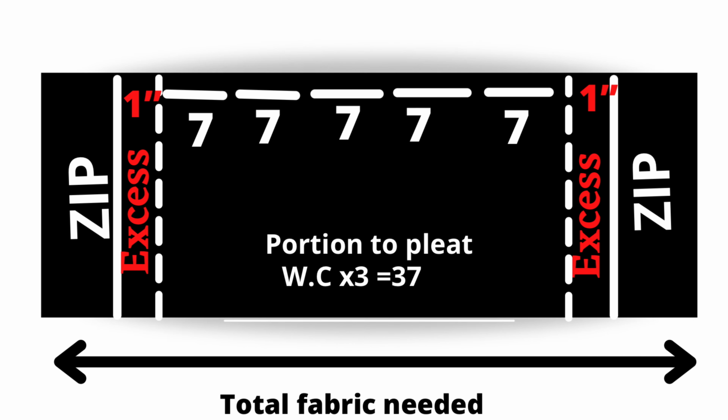So that's 37 minus 35, which is 2 inches. With the excess of 2 inches, you can split it both ways. After the zip allowance, you can do 1 inch to the left, and then on the other side, before the zip allowance rather, you have another 1 inch, so that you have your 7-inch pleats in between, just like the diagram being shown on the screen at the moment.